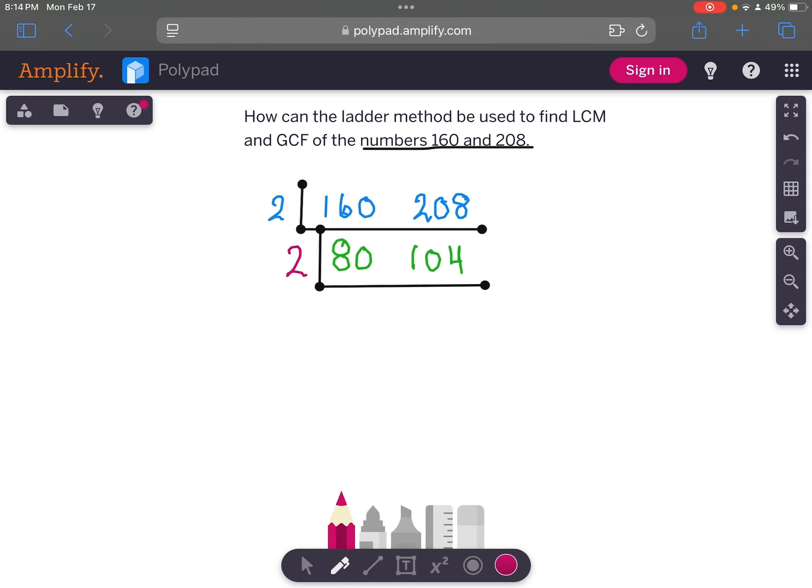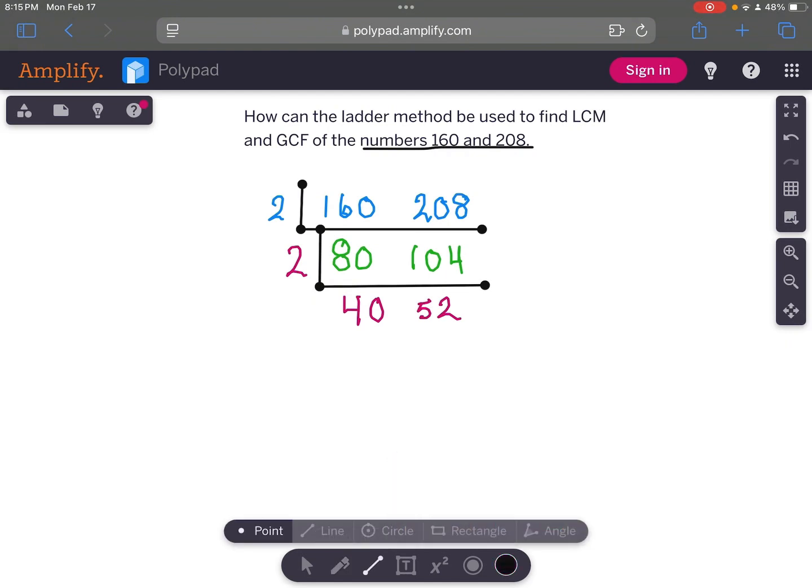So what's 80 divided by 2? It is 40. And what is 104 divided by 2? It is 52.